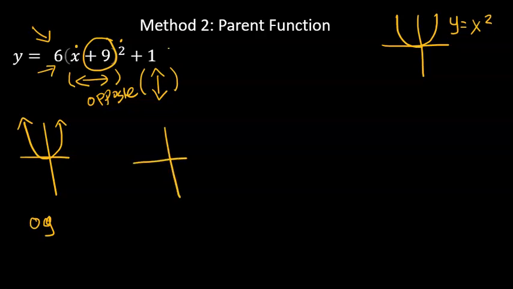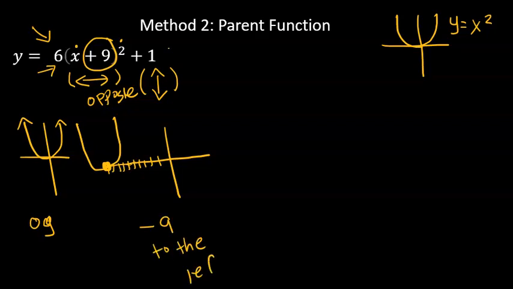So it says 9 positive, so I'm doing the opposite: 1, 2, 3, 4, 5, 6, 7, 8, 9. Right here, negative 9. That's what it looks like. I moved it over 9. That's step 2, negative 9 to the left, because I just had to do the opposite of the sign.